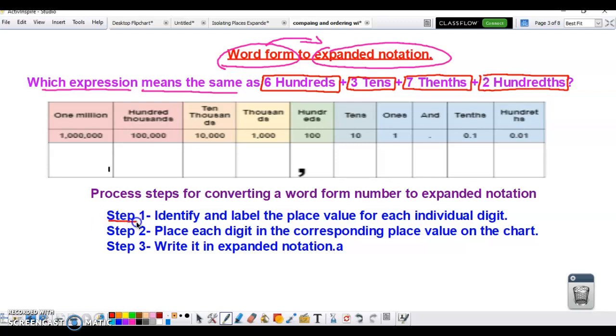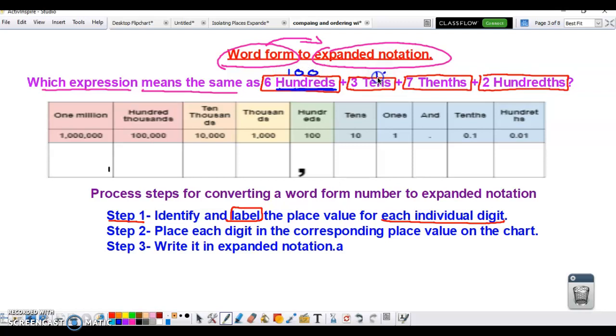And step number 1 says to identify and label the place value for each individual digit. So I'm going to come up here and I'm going to label each individual digit. The 6 is in the hundreds, so I'm going to label this and say that the hundreds look like this.